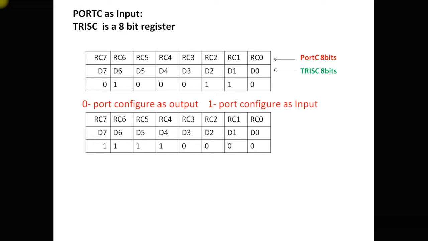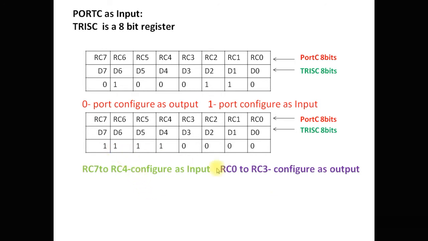So we configure D0 to D3 as 0 and D4 to D7 as 1. Automatically it will affect RC0 to RC3 and RC4 to RC7.